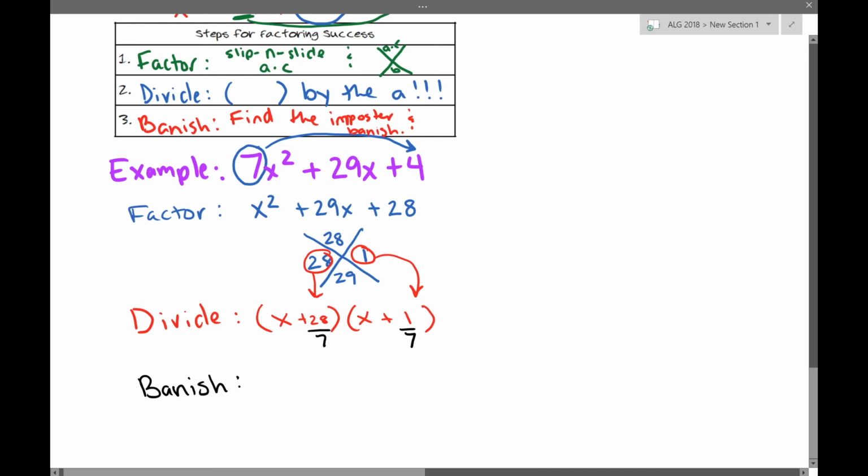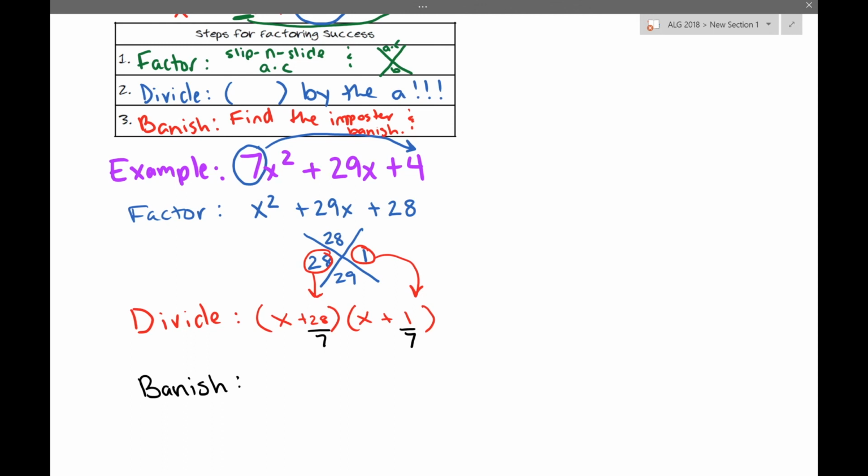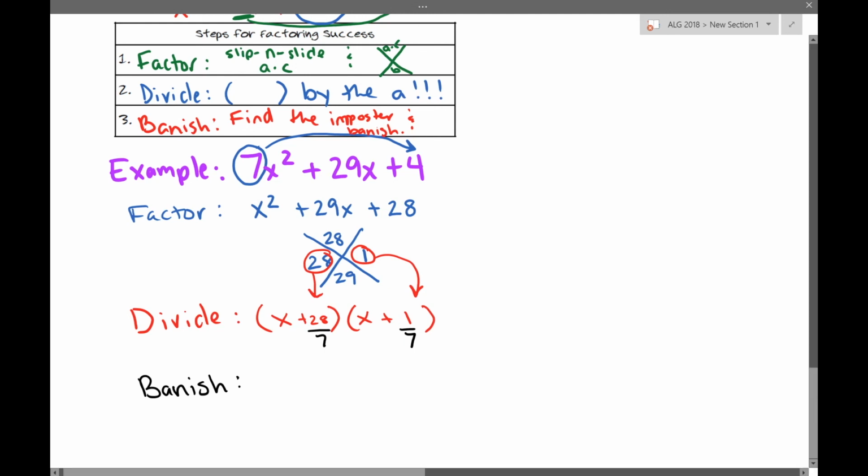And what banish means is we're going to find the imposter. The imposter is the one that can be divided by the 7. Okay? So x plus 28, can 28 be divided by 7? Yeah, it can, right? So let's write that out now.